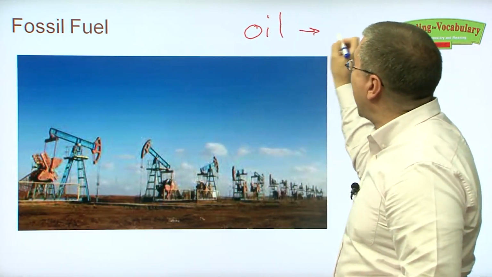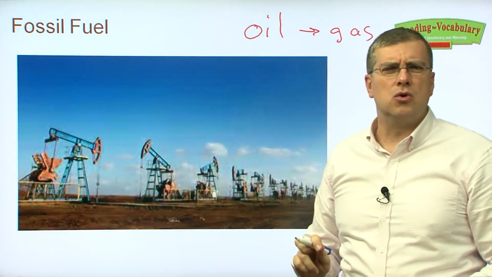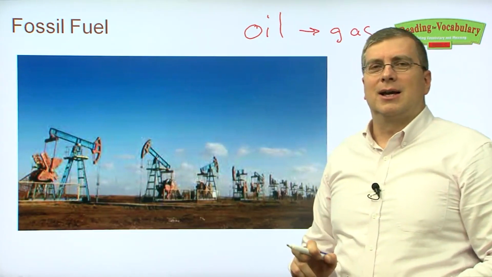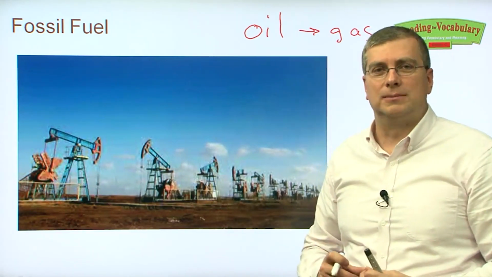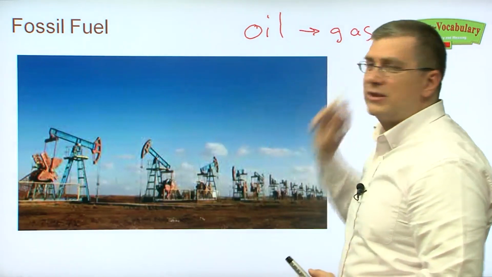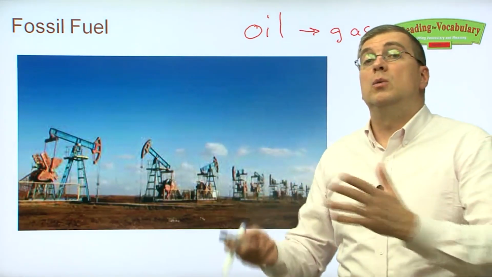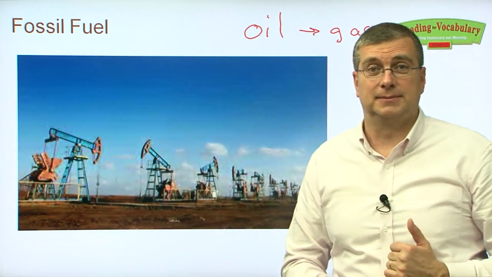We make gas out of oil, right? You go to the gas station and you get fuel, right? So oil is made into gas. It's a type of fossil fuel. Also, we'll look at other types of fossil fuels in this lesson.